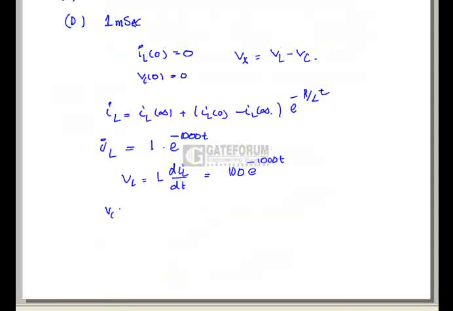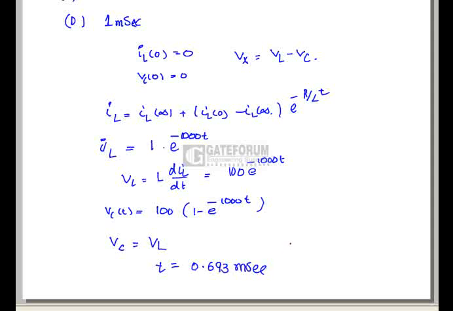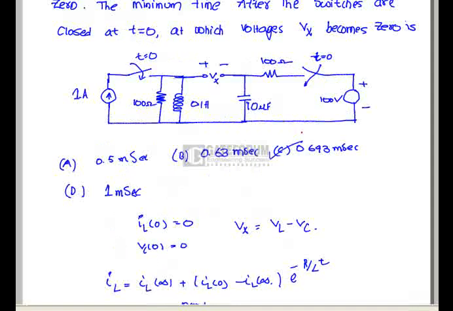Similarly, Vc of t equals 100 of 1 minus e power minus 1000 t. If we equate Vc equals VL, then we will get t equals 0.693 milliseconds. Hence option C is correct.